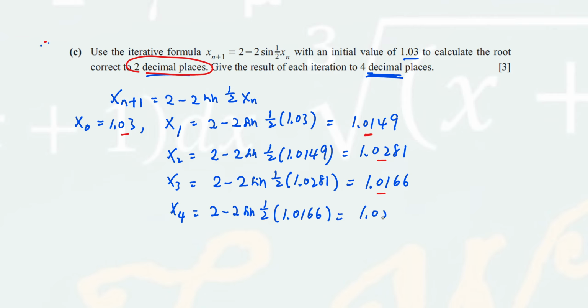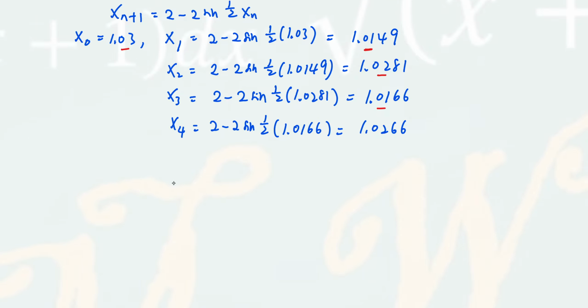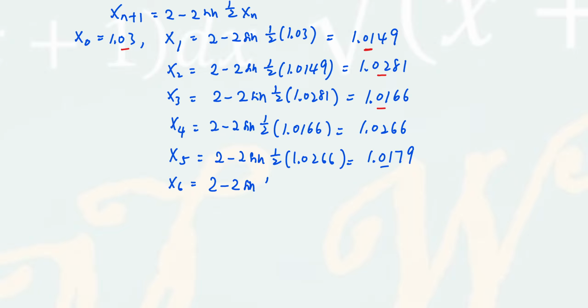Now I get 1.0266, and when I round it is 1.03. Okay, so now x5, this is 1.0179, which rounds to 1.02. The previous one was 1.03, so better continue.